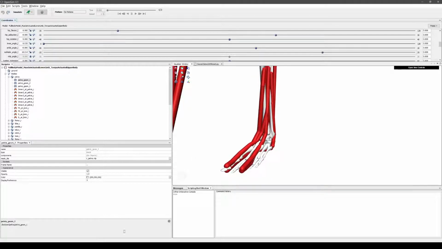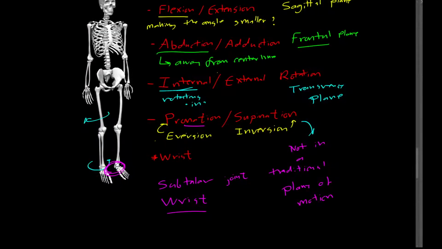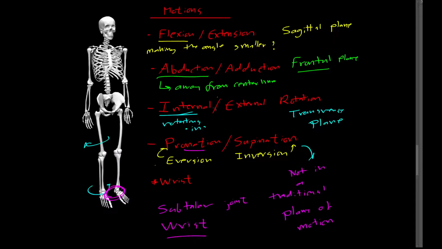It's a rotation that's happening offset from that. So the subtalar joint is weird, and we will talk in detail later about precisely how and why it's weird.